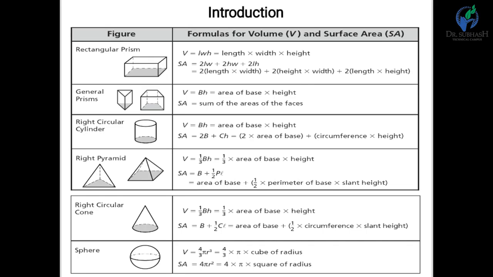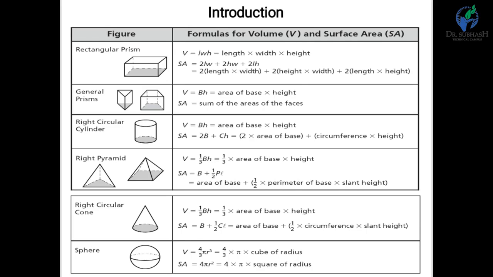For the rectangular prism, V is equal to LWH. Next one is the general prism. It has a triangular shape but consists of 3 dimensions. V is equal to B into H, area of base multiplied by height. That is the common formula for finding the volume of any geometrical 3-dimensional shape.